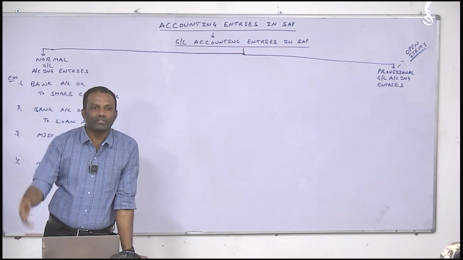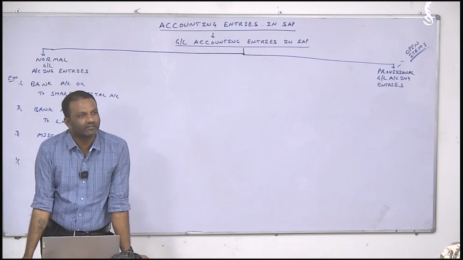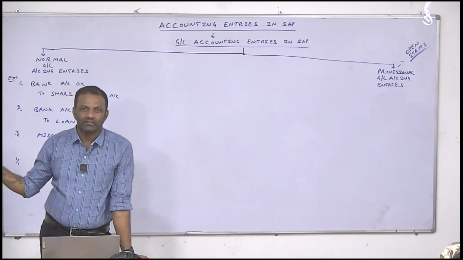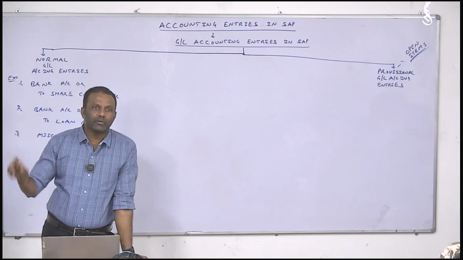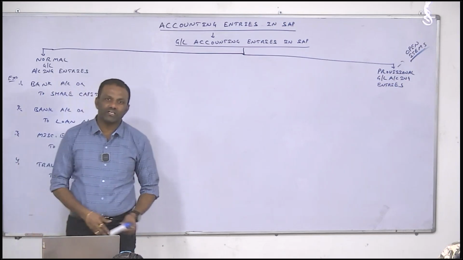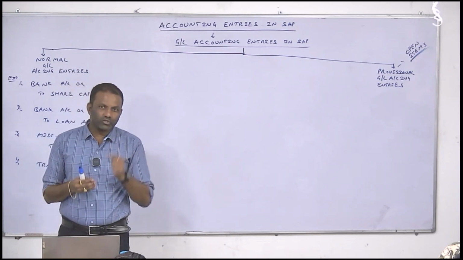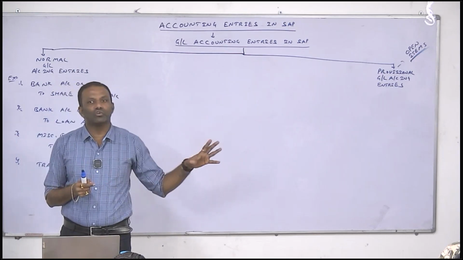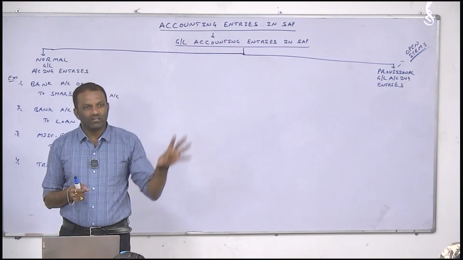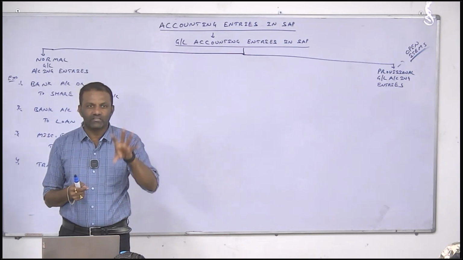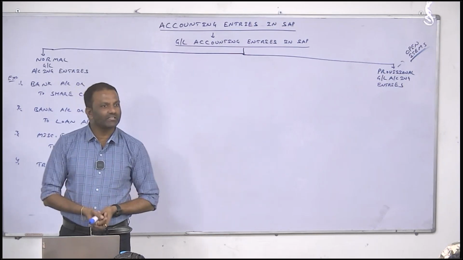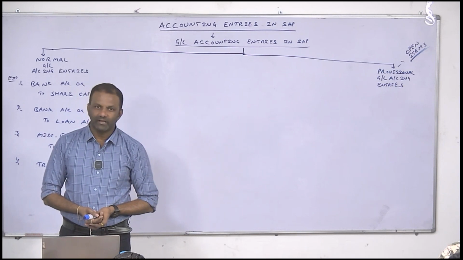Every quarter companies release the financial statement to the public, not once a year. At the same time, every month they prepare financial statements, the P&L statement and balance sheet. That means every month they close all the pending entries, all the expenditure, all the revenues, all the liabilities, all the assets. Then only they can prepare financial statements. Right or wrong?